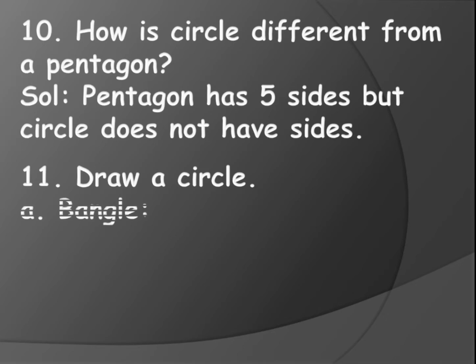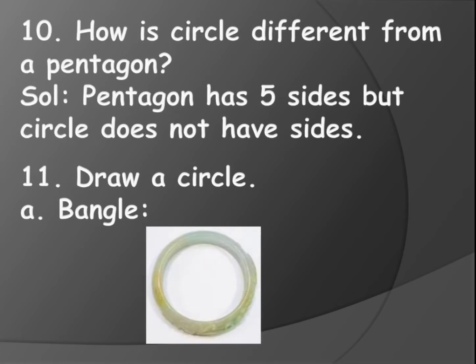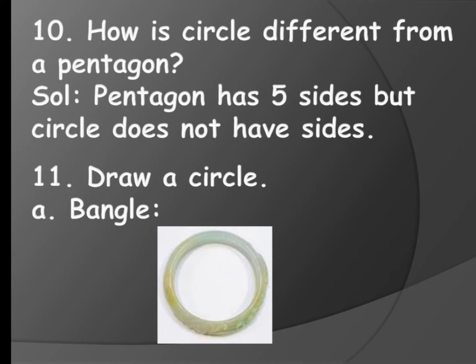Okay, now next, draw a circle. How? With the help of a bangle. So take a bangle, children. After writing the question, take a bangle and place it on your notebook. After placing the bangle on your paper, with the help of your hand and your pencil, draw a circle around the bangle like this.